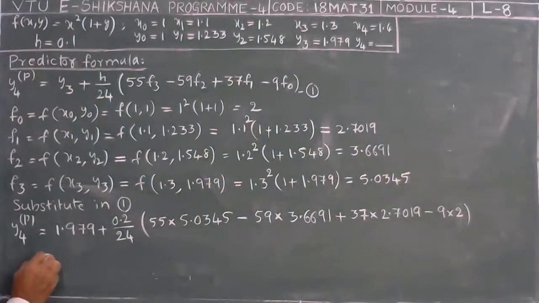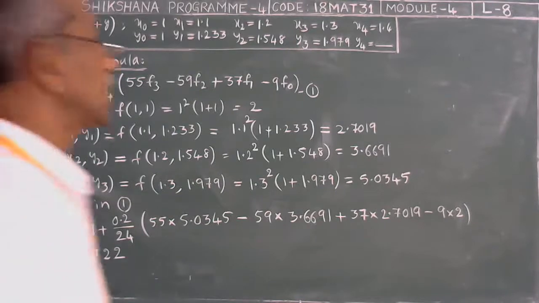Using calculator, if you carefully calculate, you get y4p is equal to 2.5722.